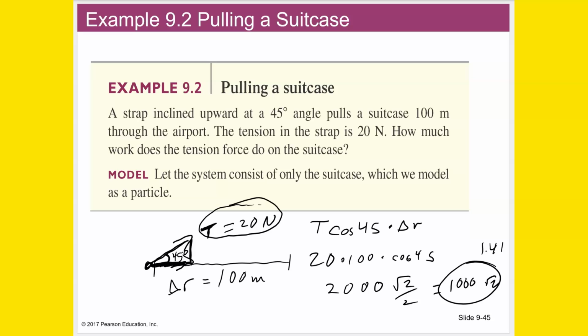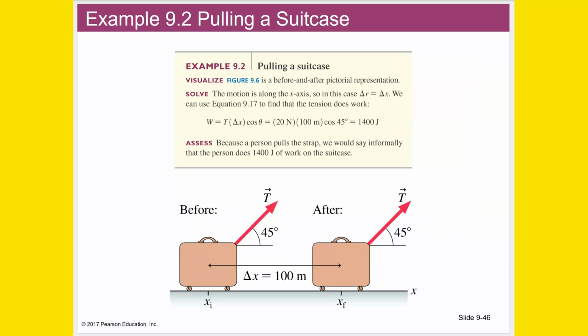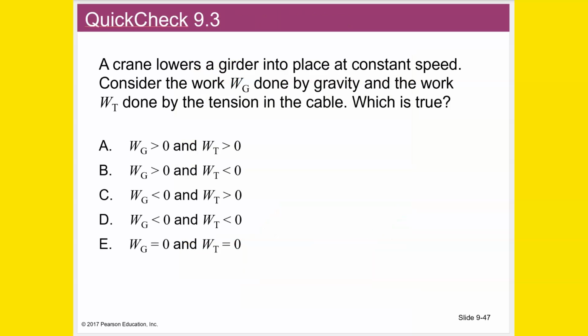So if we wanted it as a decimal, 1410 should be that, around that many joules. So that's what it says right here also. It rounded to a different decimal place, but that is the same answer.